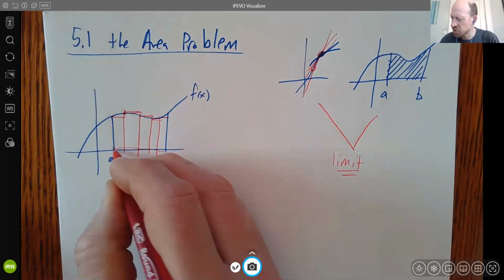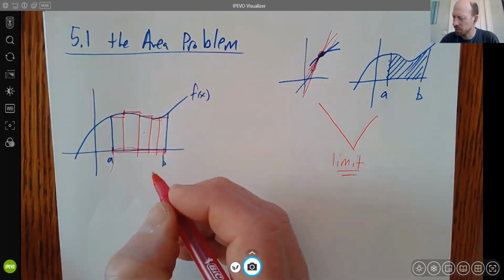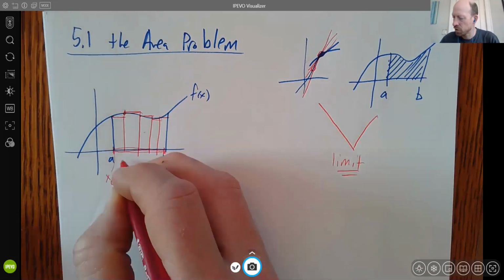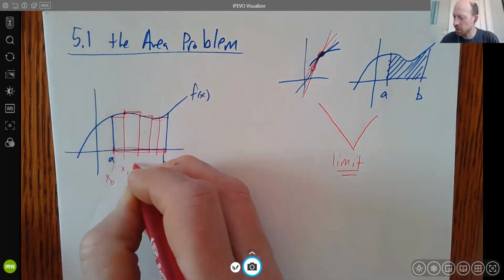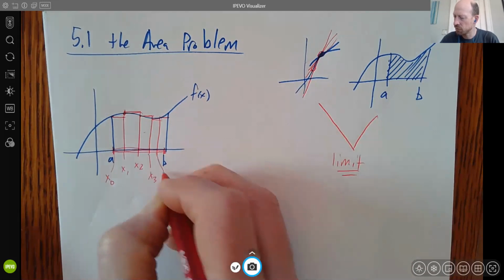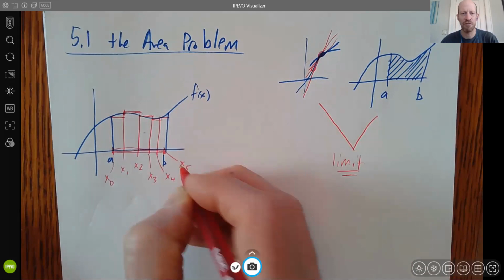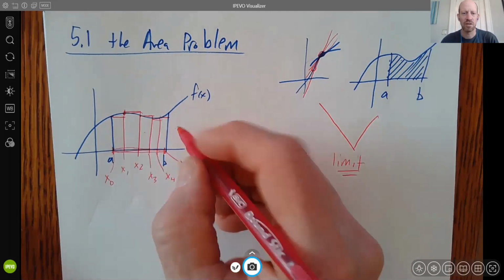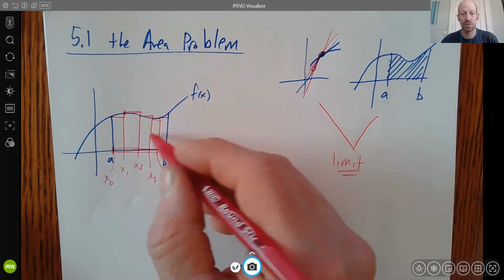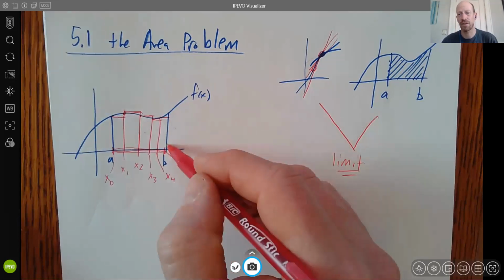This is called a partition, dividing the values between a and b into parts. Call that x0, x1, x2, x3, x4, and x5, right? So when I have 5 partitions, 5 rectangles, we're going to think the first value here is x0 and the last value is x sub 5.